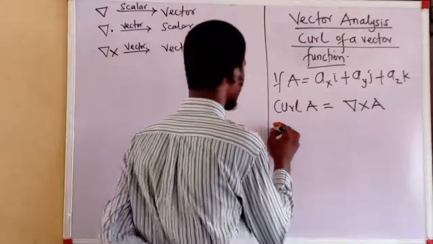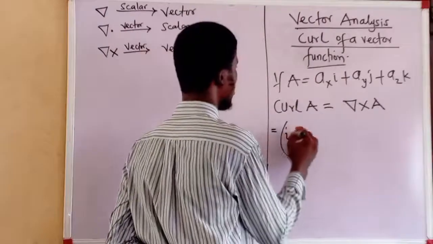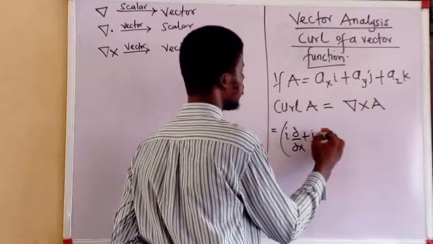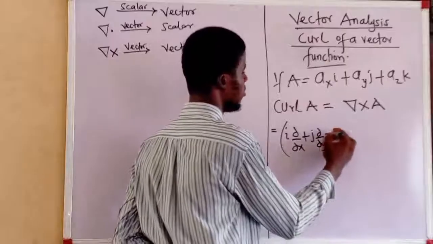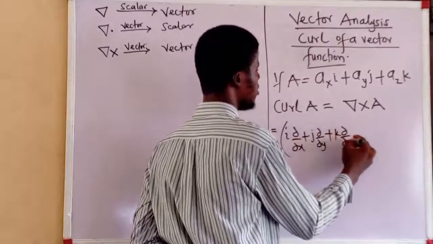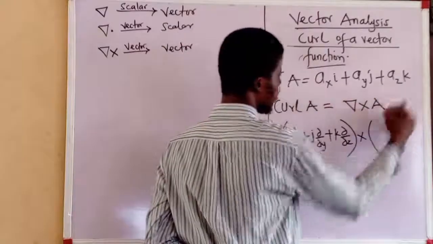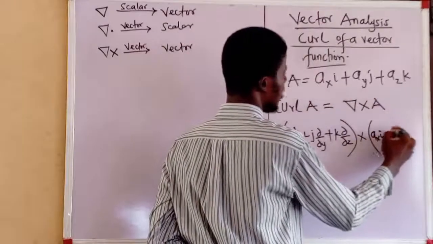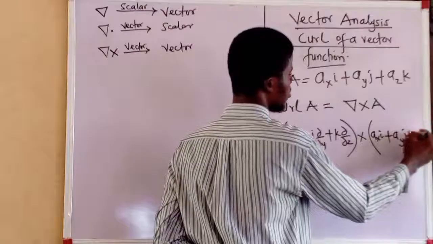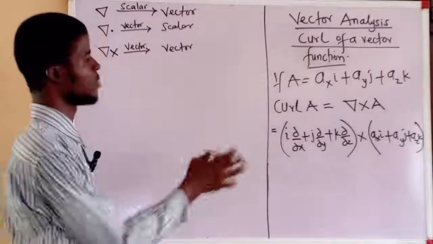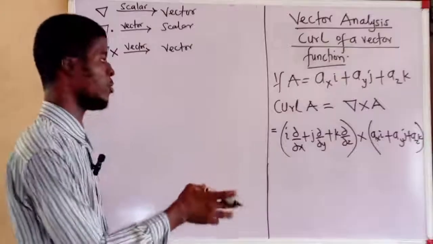It is equal to i into partial x plus j into partial y plus k into partial z, cross A, which is this vector, Ax i plus Ay j plus Az k. So a cross product is involved in this operation.